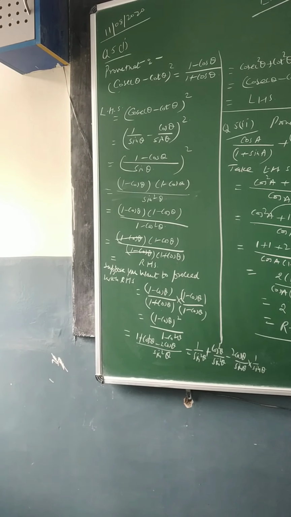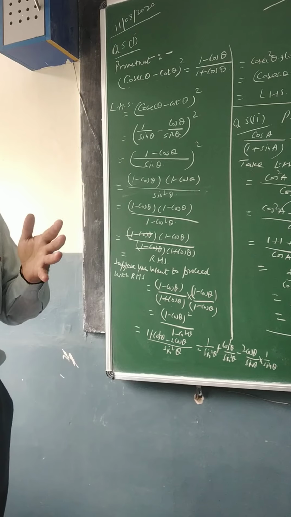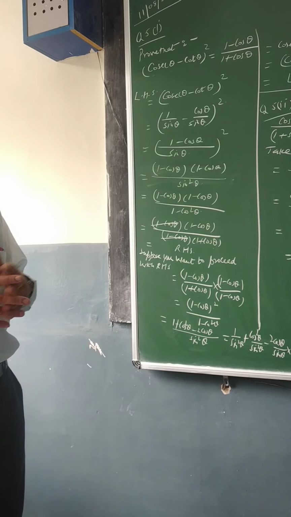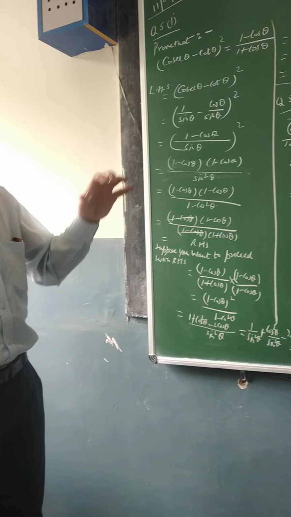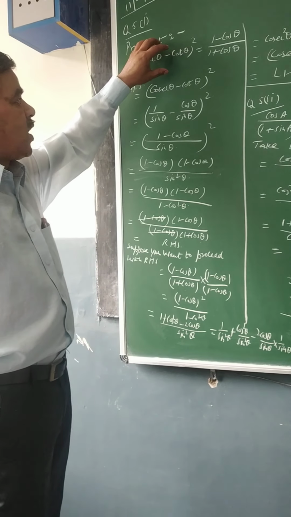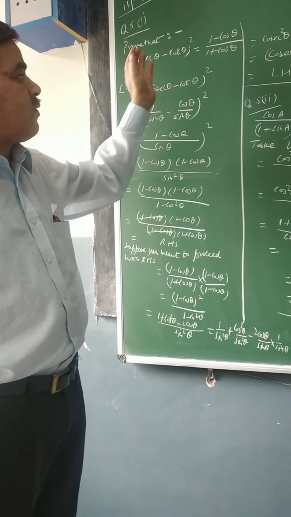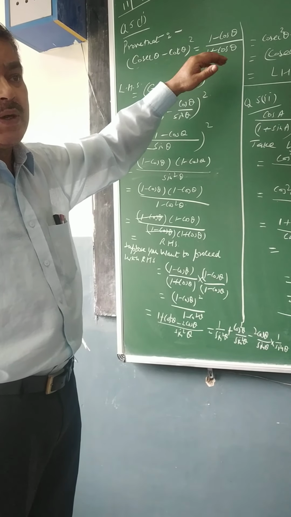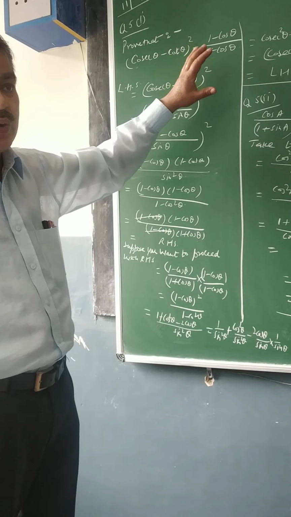Now, when we begin with the topic, I said these are the standard identities or the conditional identity. What does it mean? Conditional means if you are going to start with the left hand side, you are not allowed to transform from one side to the other side. Just in the beginning, that is in the very first step, no changes you can make of your own.